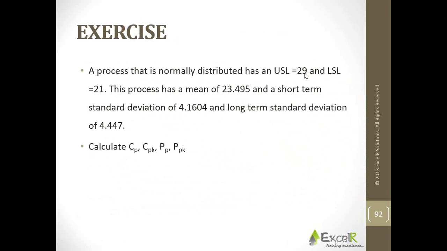Sorry, Anuj, what did you say? USL minus LSL, divided by 6 times standard deviation. You can hear me, right? Hello? Ravi? Yeah, Anuj.